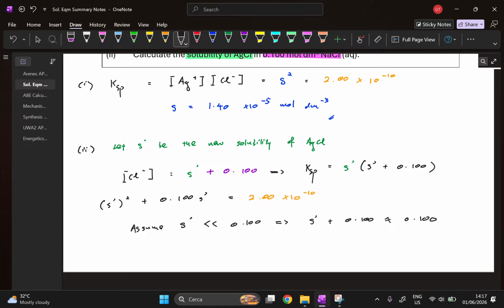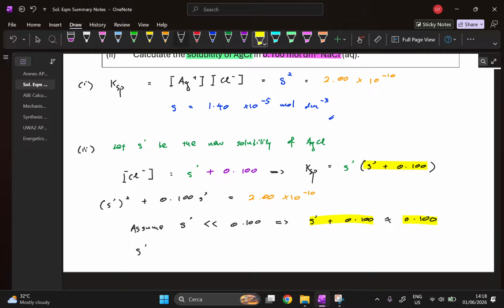And if you think about it, this kind of approximation does make sense, right? Because if my solubility decreases and AgCl is already so insoluble, my new solubility, whatever it is going to be, will be so small that this approximation can be valid. So I'm going to say that this expression is approximately equal to 0.1.